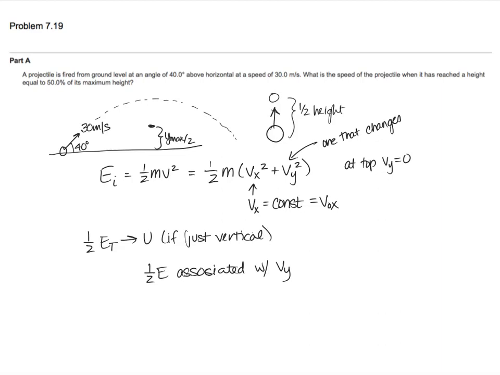Okay? So, first of all, let's find out what these initial velocities are. v naught x initial is going to be 30 times the cosine of 40 degrees. And that was, I thought I had calculated it, 22.98.